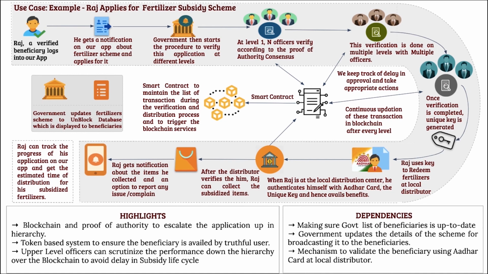There are a few dependencies in the project as well, such as making sure that the government list of beneficiaries is up to date. The details of every scheme will obviously be updated by the government itself. And there's also a mechanism to validate the beneficiary using Aadhaar card at the local distributor.